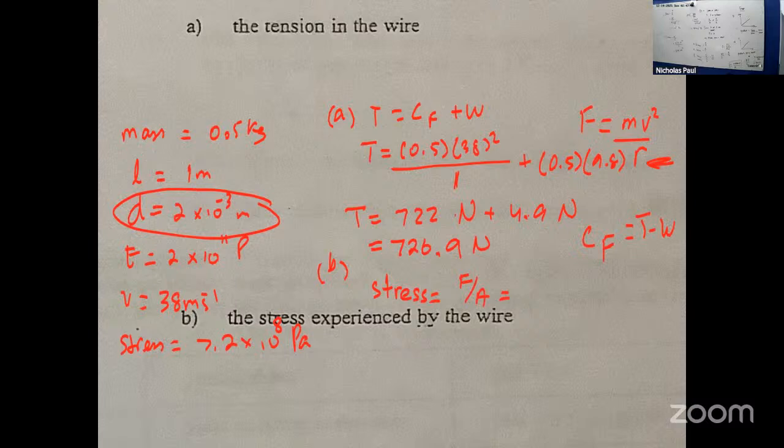What will be the force on the wire? Tension, right? So that will be tension divided by area. Remember, you're focusing on the wire. Divide tension by the cross-sectional area.